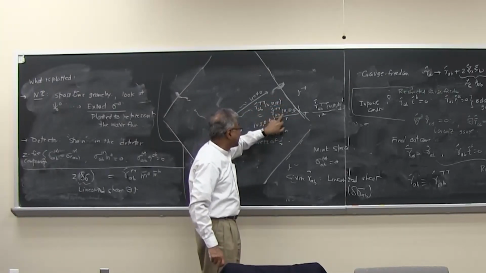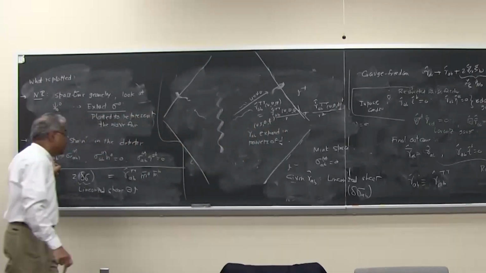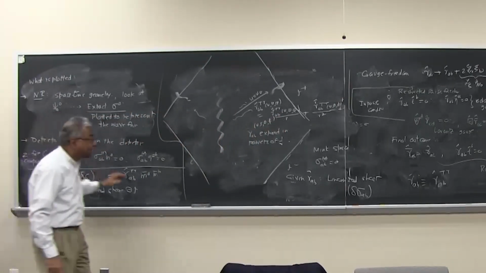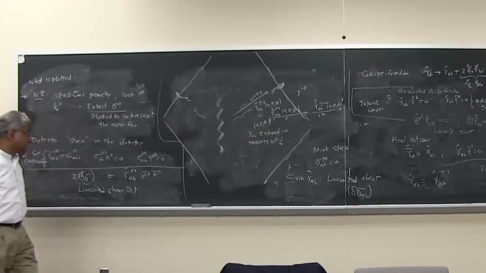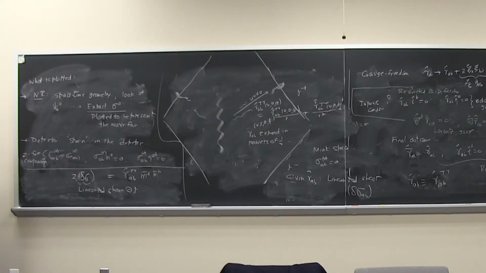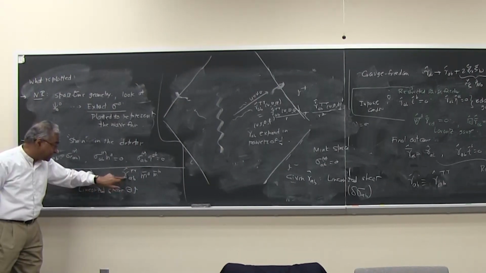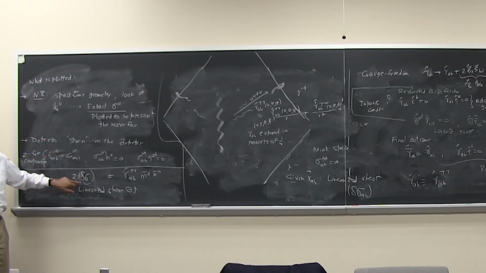And the statement is that this gamma naught is the same as the shear in a very precise sense. Namely, if I extract the spin weight 2 quantity from this linearized metric, it gives me precisely the linearized shear.